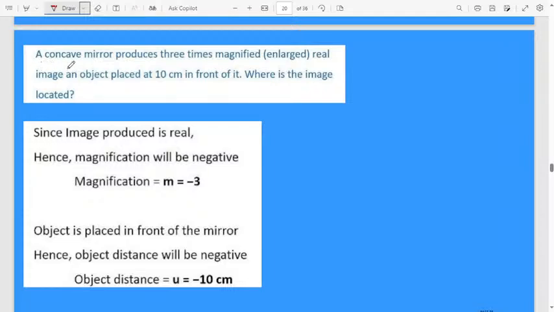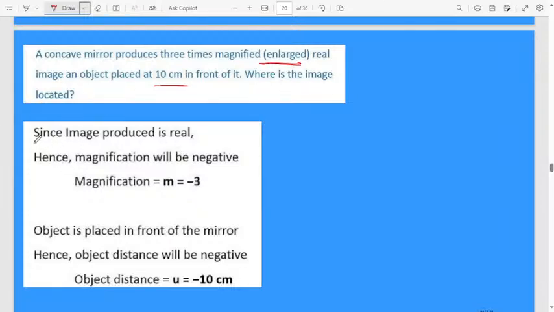Next question. A concave mirror produces 3 times magnified enlarged real image. Here the image will be enlarged because it is forming 3 times the size of the object. An object is placed at 10 centimeter in front of it, where is the image located?